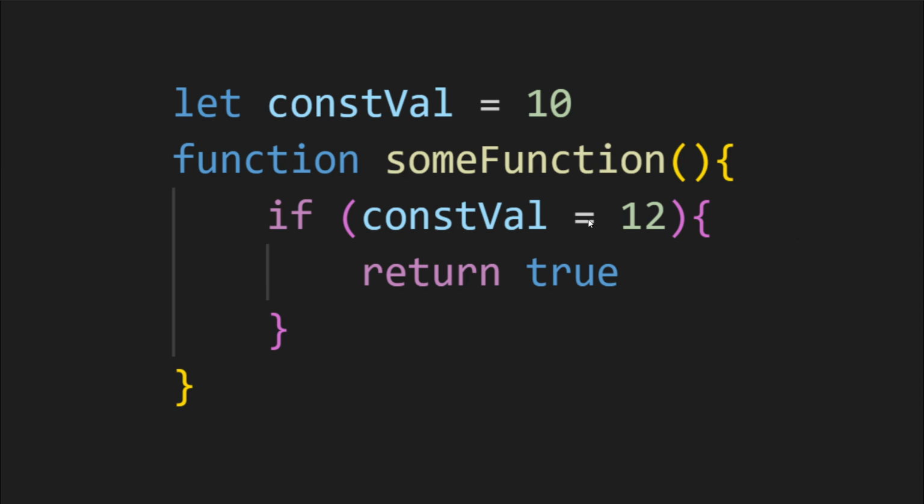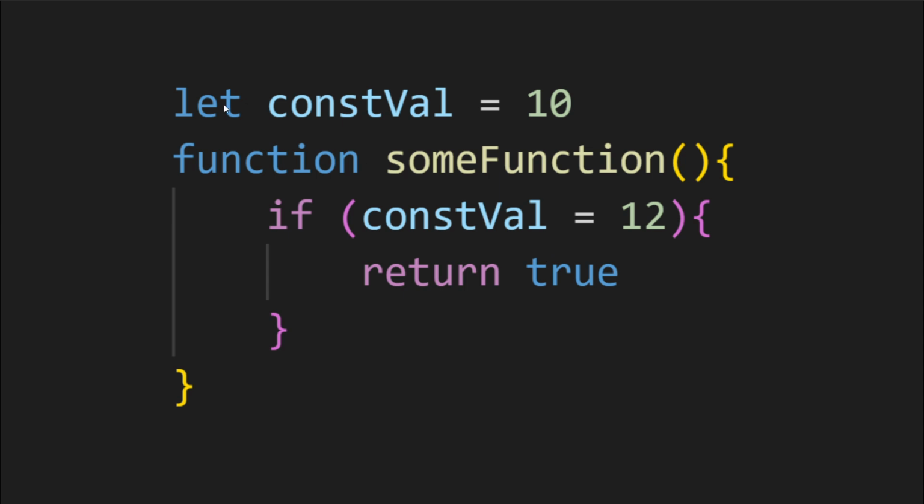Now, if you notice here, I only put one equal mark, or equal sign. Now, if you do this inside of an expression, it will literally set the constant value equal to 12. It's not checking, it's setting it. So it'll always return as constant value is equal to 12. And since that's a truthy value, it'll be returning true.